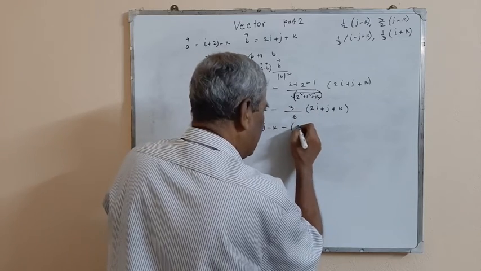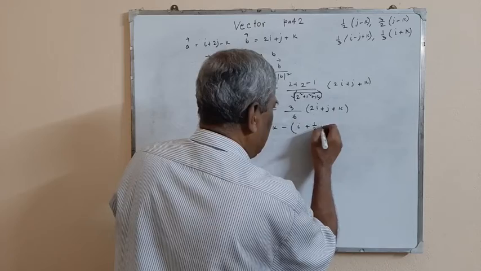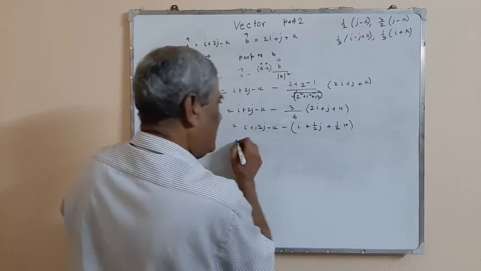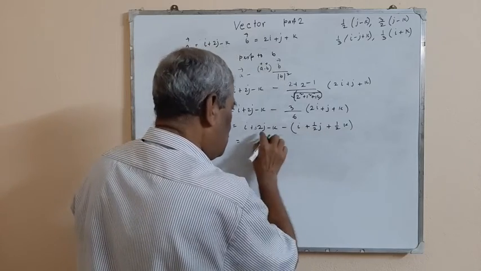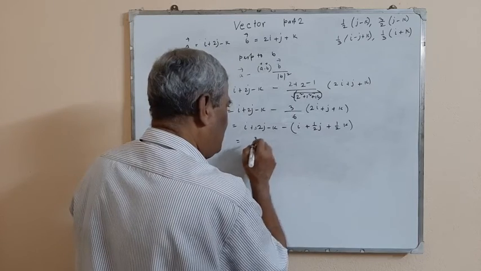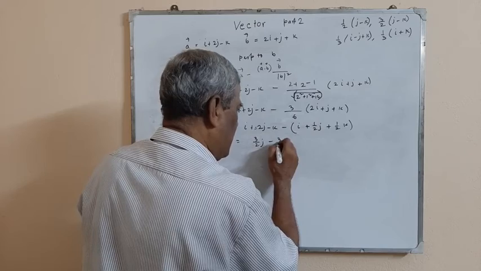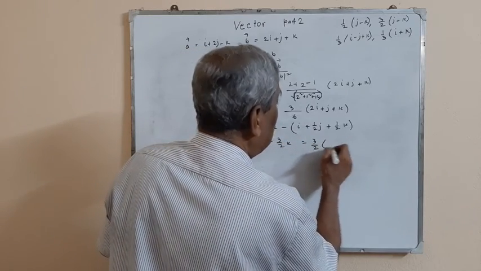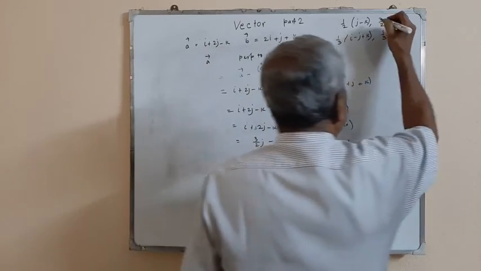Half of that is i plus half j plus half k. i cancels, 2j minus half j gives 3 by 2 j, minus k minus half k gives minus 3 by 2 k. So that is 3 by 2 into j minus k. So that one is the correct option.